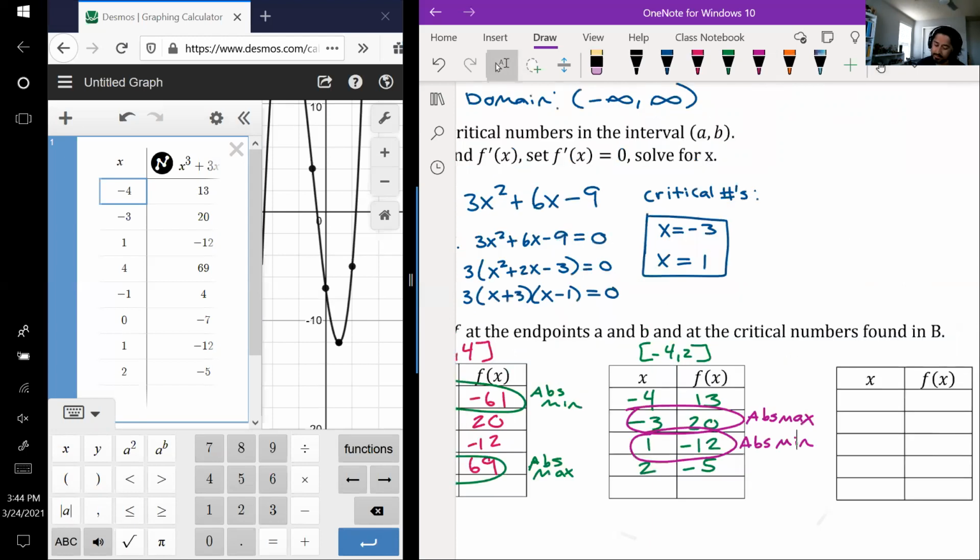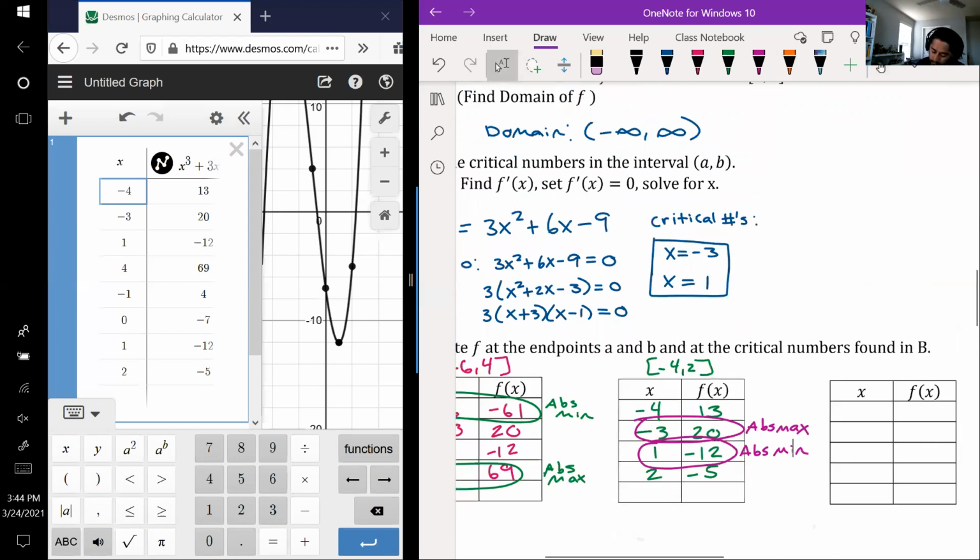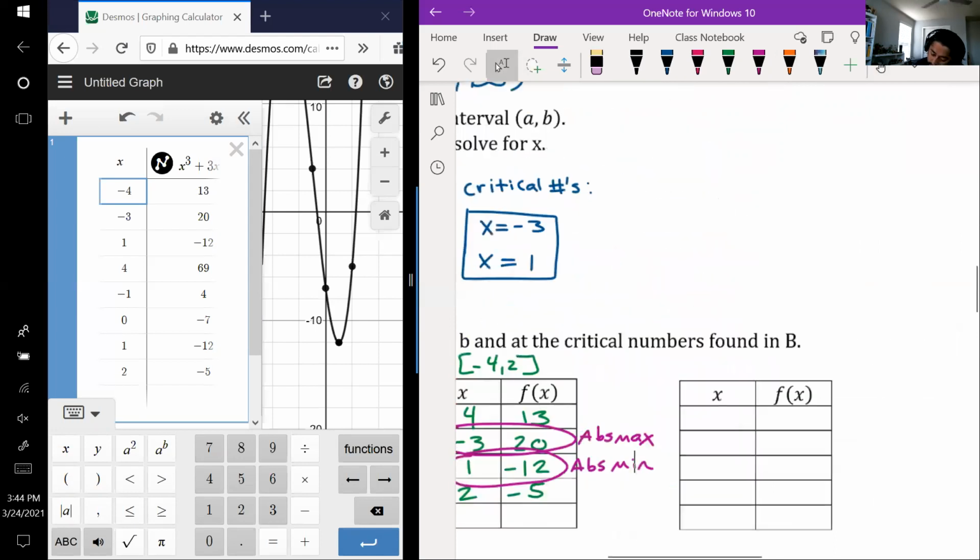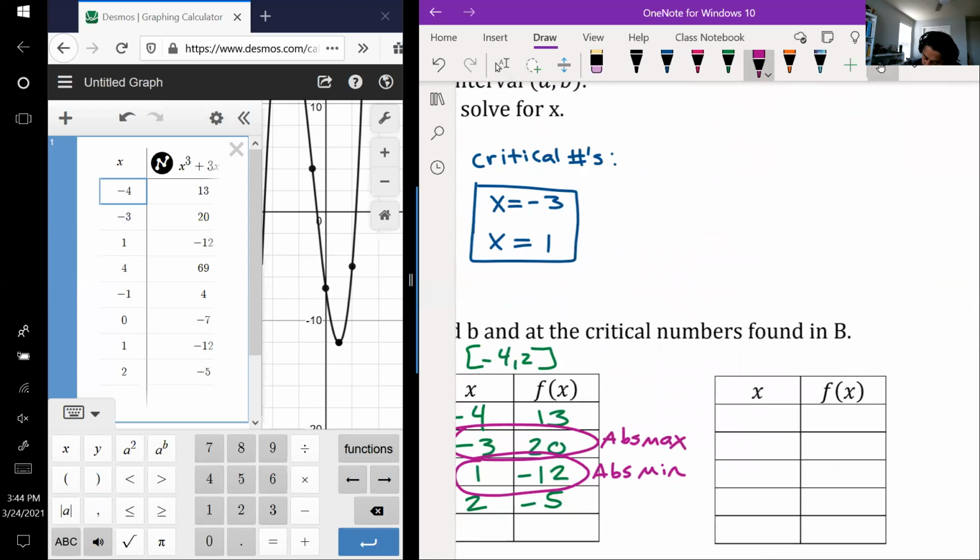And then last is the interval -2, 2. Which critical number does not fit in that interval? -3. So we don't include it, we exclude it, and we only put 1 in there and 2. We already know the value at 1, which is -12. We know the value at 2, which is -5.